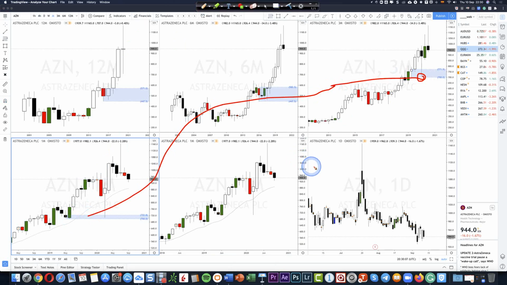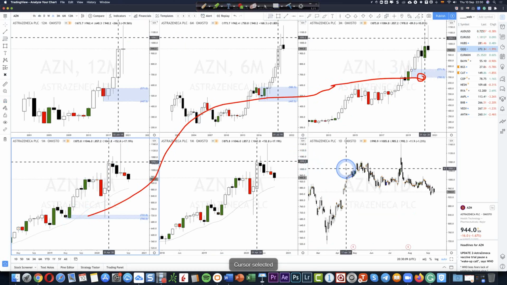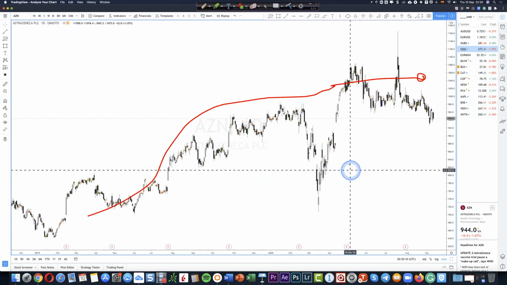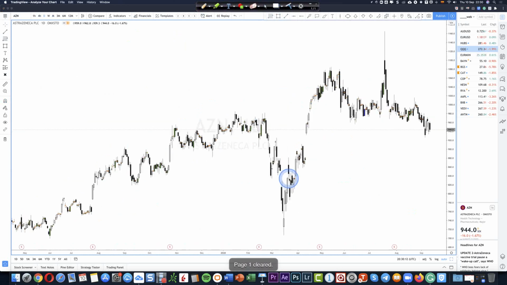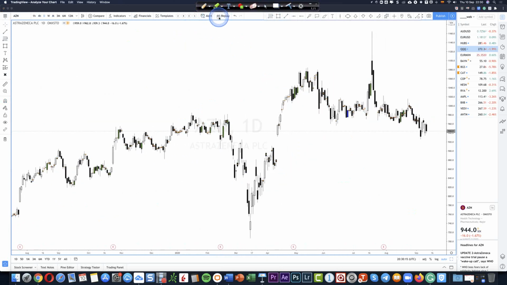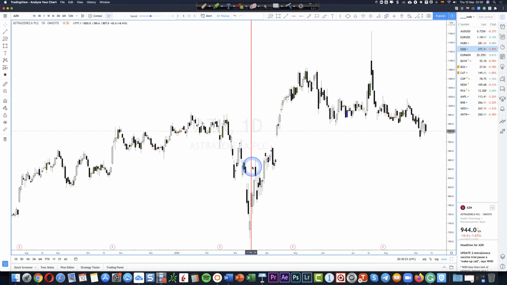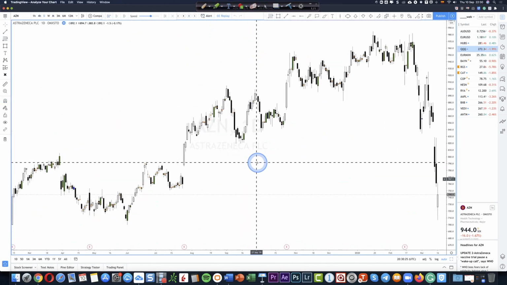So obviously, if you look at the daily time frame alone, because that's what most traders do, they will only take a look at the daily time frame. That's the highest time frame they will look at.